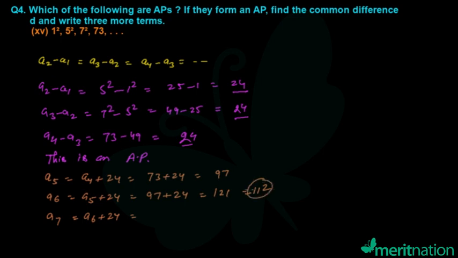We will not use 11 squared because we have to add it to the whole number 24, so the whole number part will be better. 121 plus 24 equals 145. So we got the next 3 terms: 97, 11 squared, 145. That's the answer of this part.